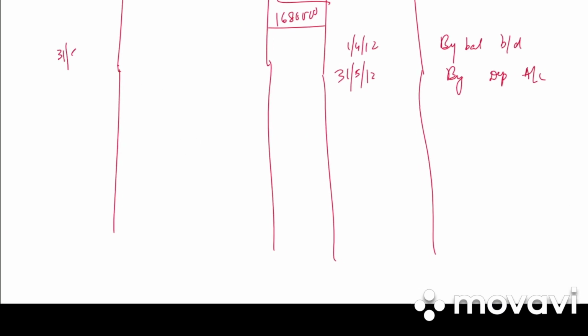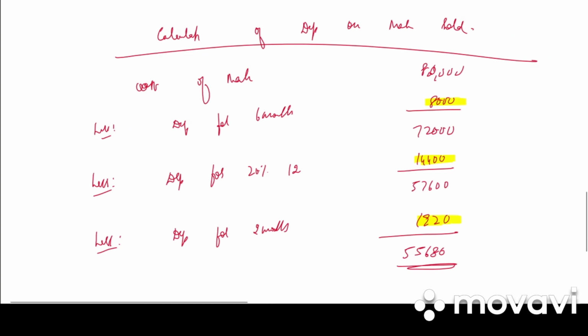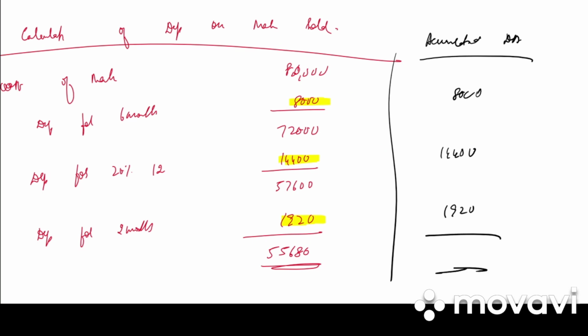Then on 31st May, what is the entry we had? Machinery to machinery disposal account. So to machinery disposal account, how much is it? It is 8,000 plus 14,400 plus 1,920. You can have a separate column for accumulated depreciation. 8,000, 14,400, 1,920, 24,320.